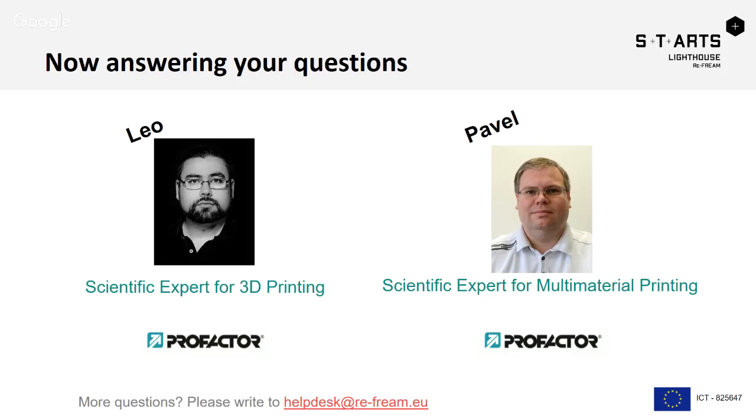Petra, what do you mean by natural inks? Can you be a little bit more specific, please? The limitation for PolyJet printing is that you need to have a low viscous ink.